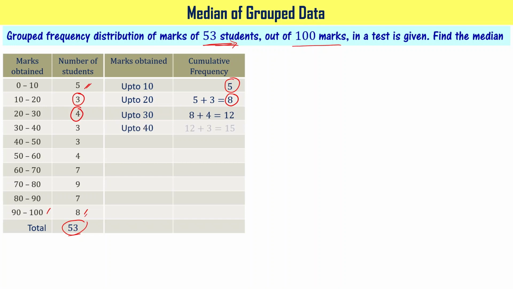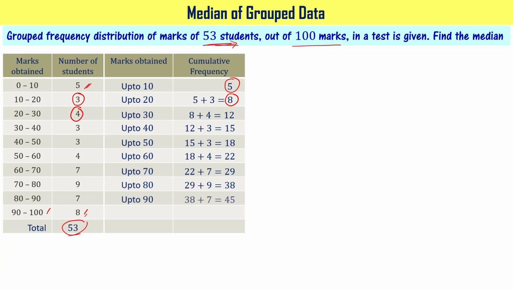Up to 40, it is 15. Up to 50, 18. Up to 60 is 22. Up to 70 is 29. Up to 80 is 38. Up to 90 is 45. Up to 100 is 53. You observe this.